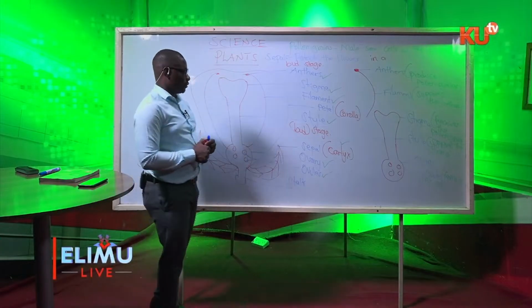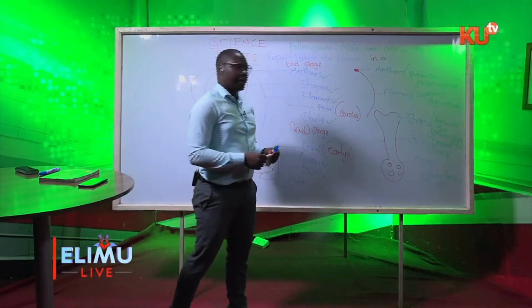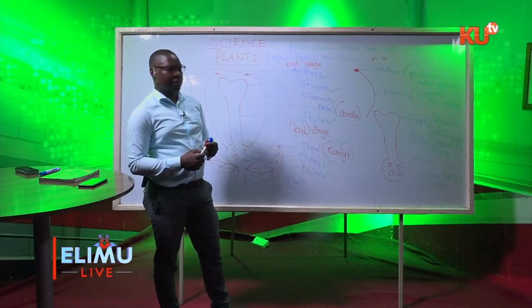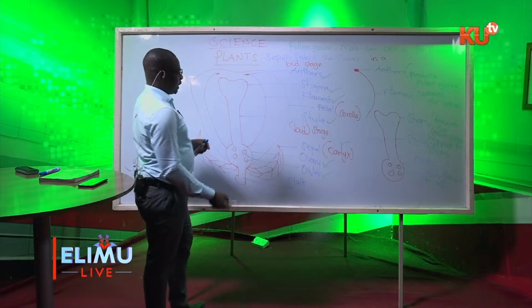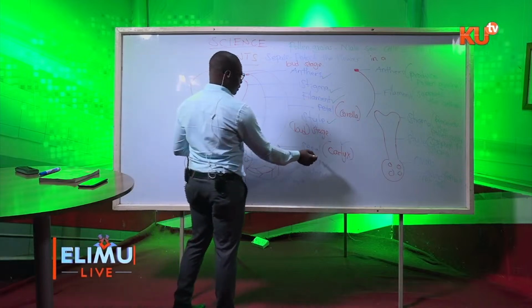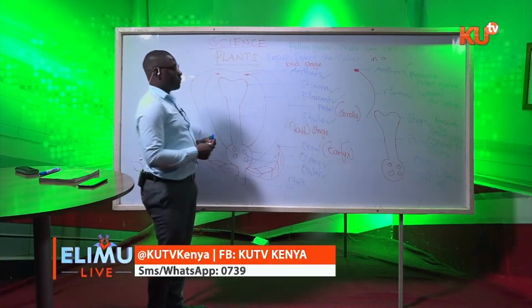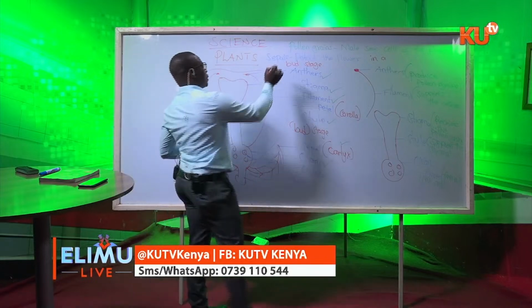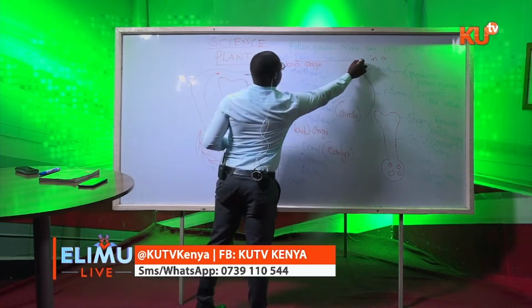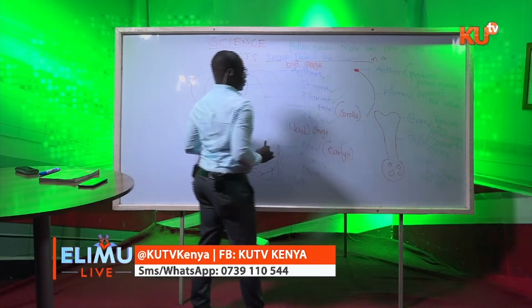So we are continuing. I was giving the functions of the other parts of the flower. So I will repeat about the sepals. The sepals protect the flower in a bud stage.